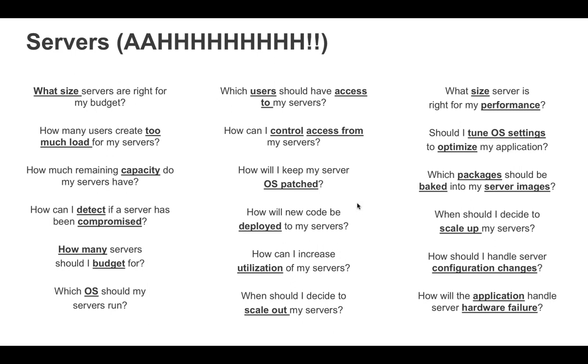There are some examples on the screen that you can see now, such as the decisions we need to make as part of using servers to stand up various applications: what size servers do I need, how do I control access, how do I handle change management, how do I scale, which operating system. All these questions are still there, even with a service-oriented architecture or a move to microservices.